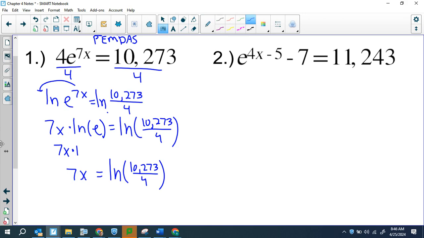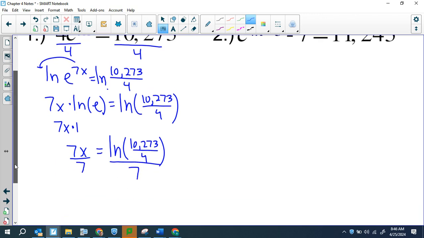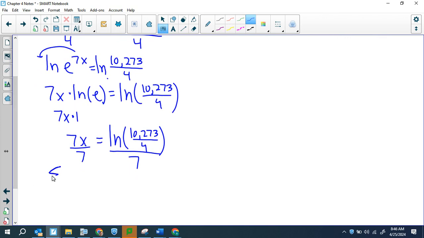And then we divide that whole thing by 7. So our solution set is this. It's kind of ugly looking, but that is our solution set: ln of 10,273 divided by 4, and then we're dividing that whole thing by 7.